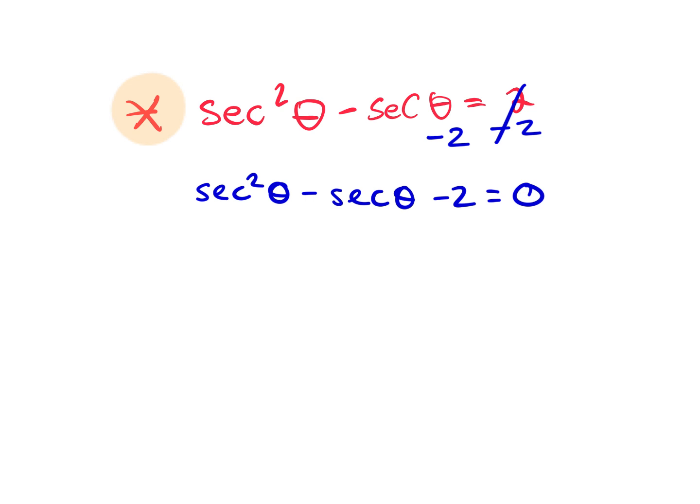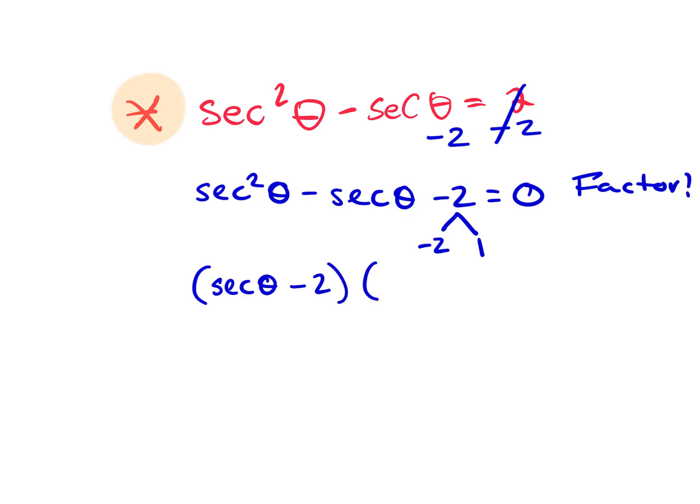What can we do next? Factor. Let's factor. So here, our leading coefficient is just 1, so we can factor it like normal. What are two factors of negative 2 that add to negative 1? Negative 2 and positive 1. So instead of saying x minus 2 and x plus 1, I'm going to say secant minus 2 and secant plus 1.